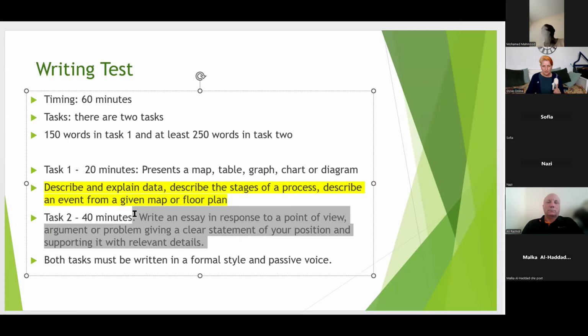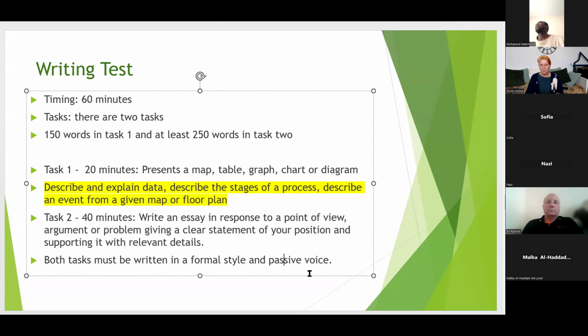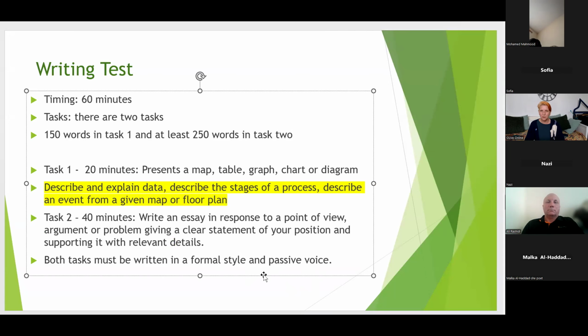And the same with this: you can't write an essay and give examples supporting it with relevant details without writing at least 250 words. If you've written less, you missed something. It's not about making sure you've got enough words on the paper. It's about making sure you've done all of the things you need to do. Focus on the task and the words will take care of themselves.